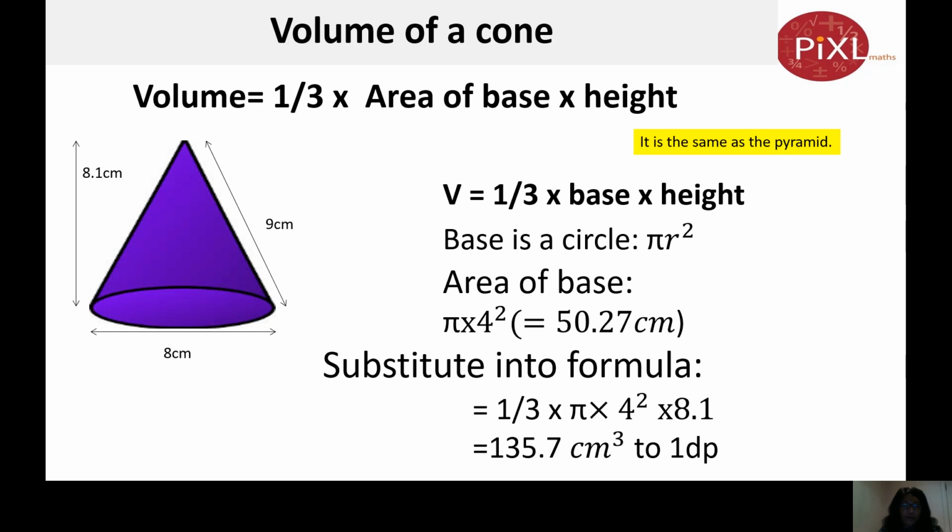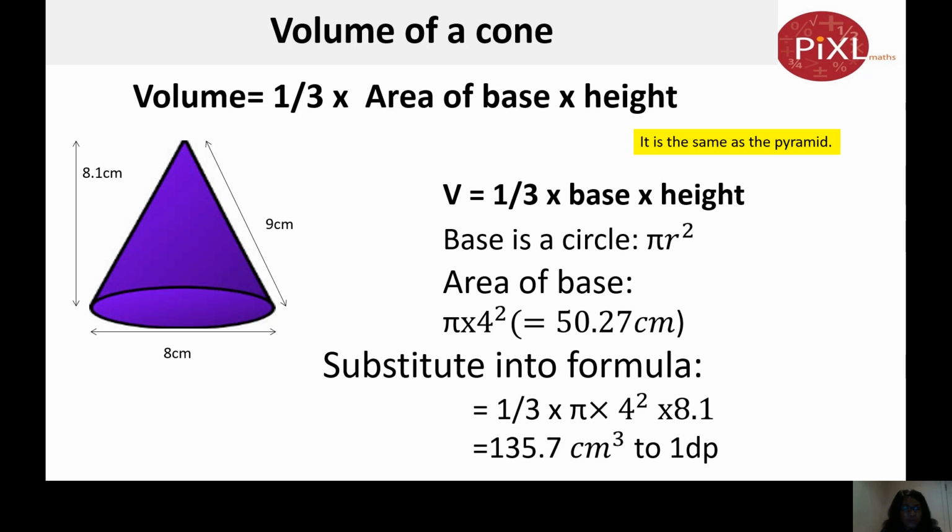Remind ourselves of the formula again, 1/3 of the base times the height. So the base is the circle, the diameter is 8, so that means the radius is 4 centimeters. So we find that and we get 50.27 centimeters squared. Now we are going to find the volume.